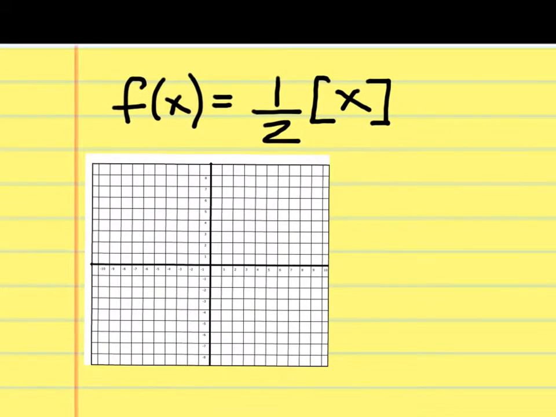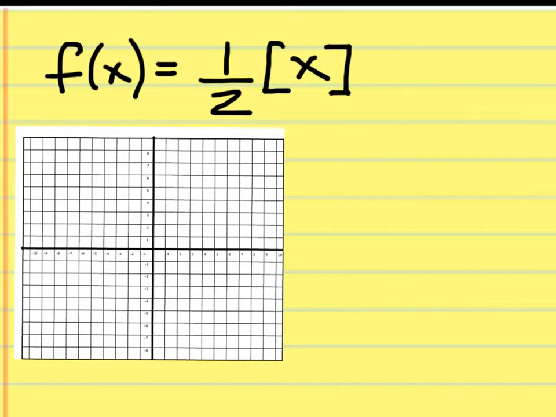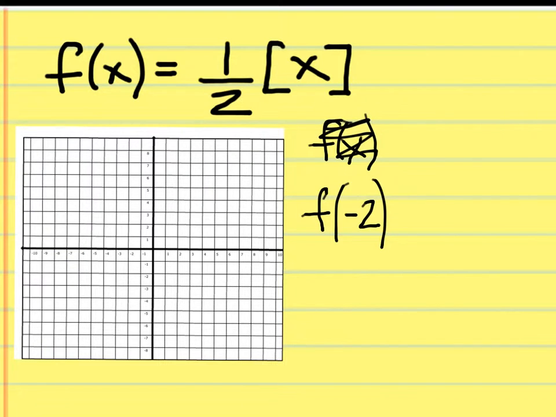You can create a table if you want to, or you can just write it out like this. F of x, and we're going to use f of, we'll try a negative 2. If I put in a negative 2, then I'll have 1/2 times the greatest integer of negative 2. What is the greatest integer of negative 2?